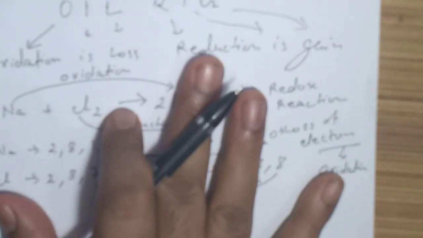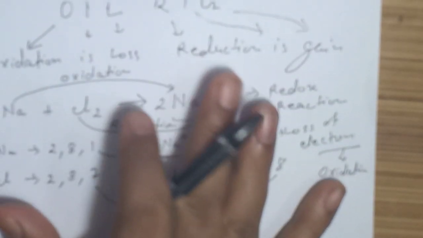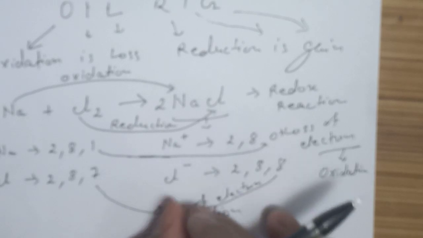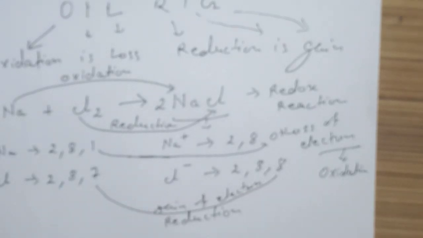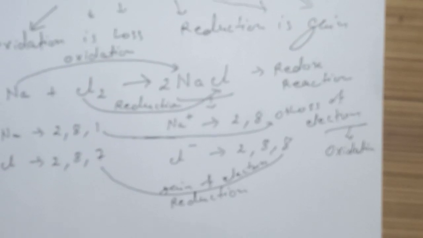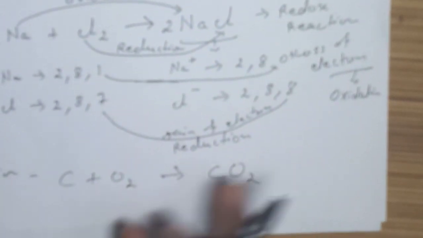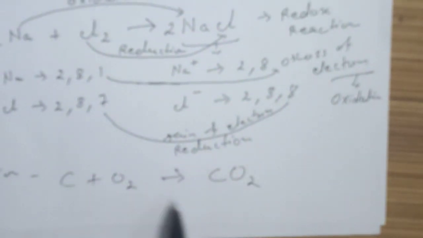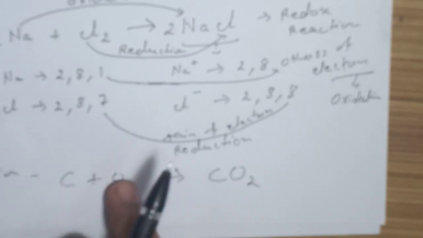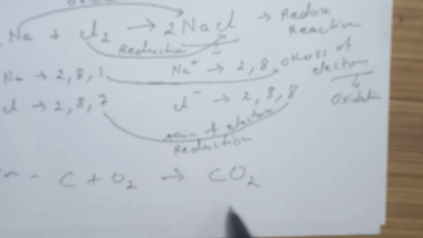So this is the basic concept behind it. It's not necessary that oxygen should be present. We can take one example of oxygen also, of oxidation. Let's say normally C plus O2 gives us CO2. So here you can see there's a gain of oxygen, because carbon was alone and oxygen was added to it, so we can say this is oxidation.